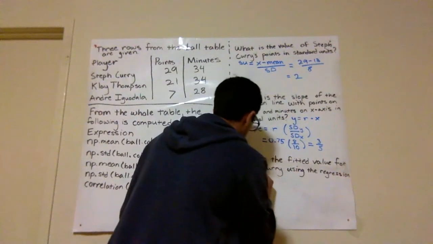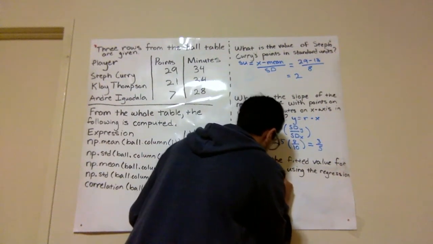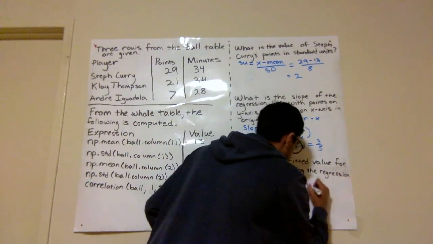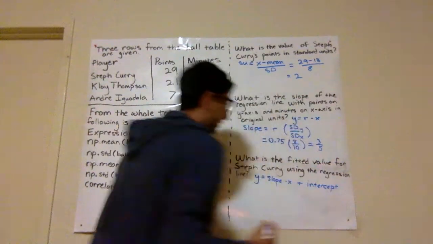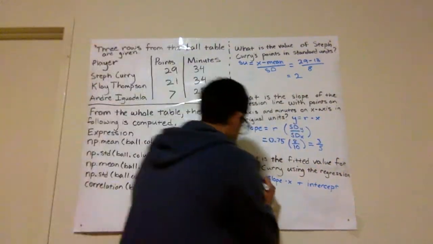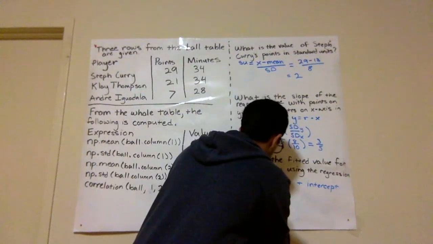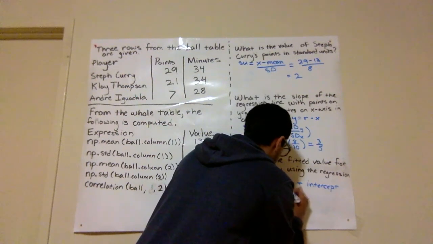So if we remember, y is going to equal the slope times x plus our intercept. Since we've already calculated our slope, we just have to plug that in here. So this will be 3/5 x. And then now we have to calculate our intercept.